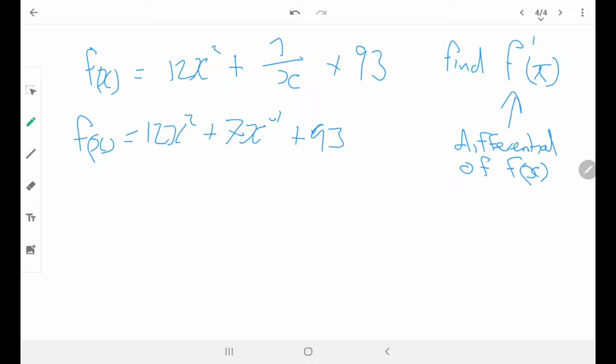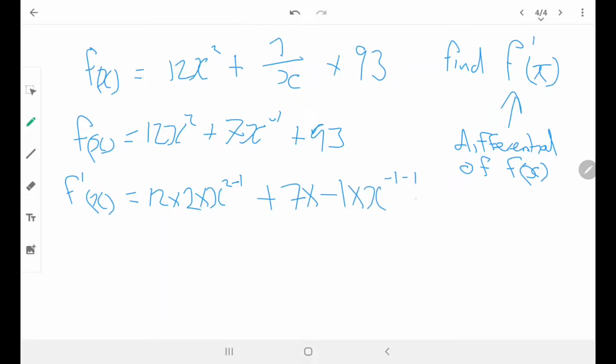So if I've got to differentiate this, or f dash of x, that's 12 times 2 times x to the 2 minus 1, plus 7 times minus 1 times x to the minus 1 minus 1. And this bit disappears. Just numbers. If you've got just a number, it disappears.